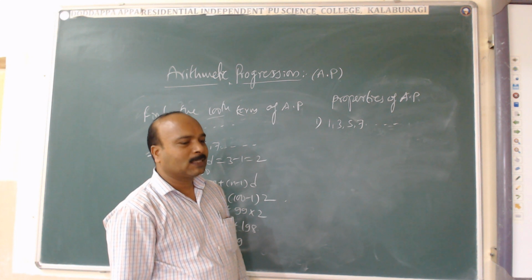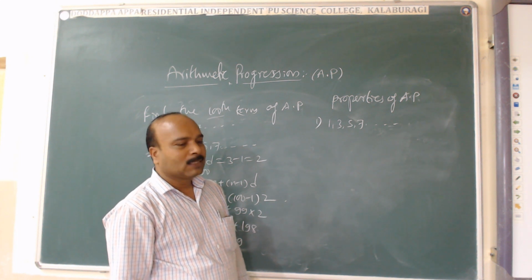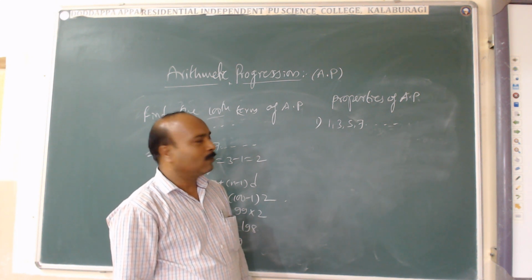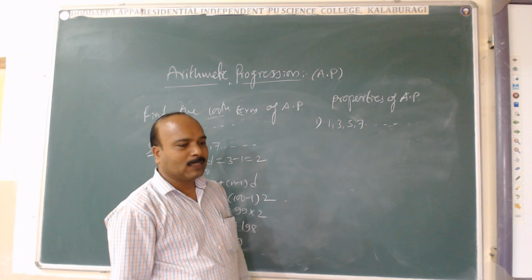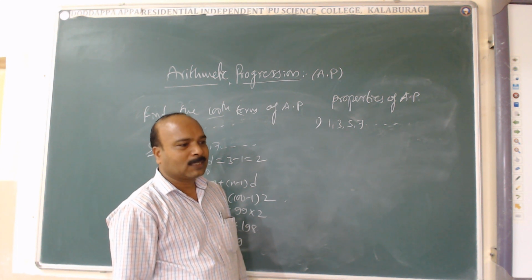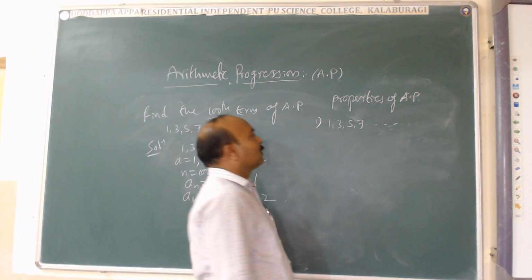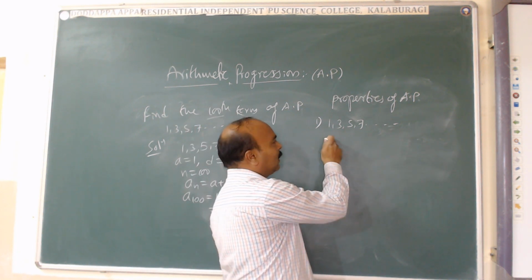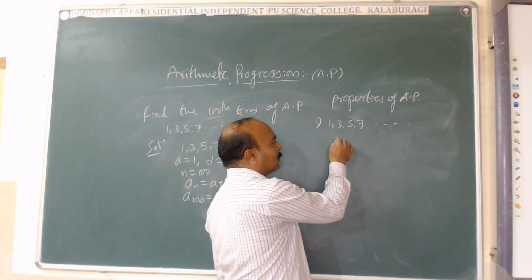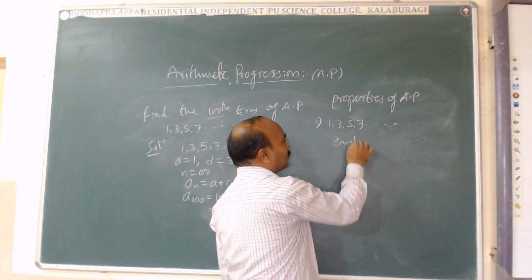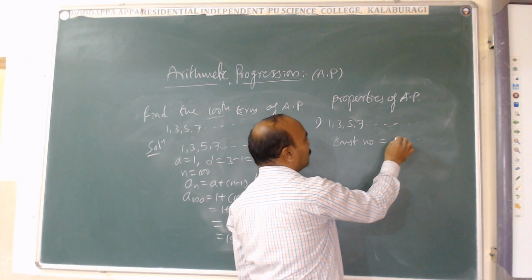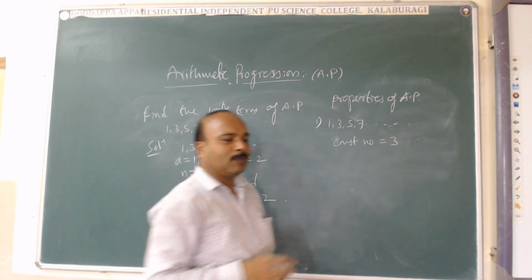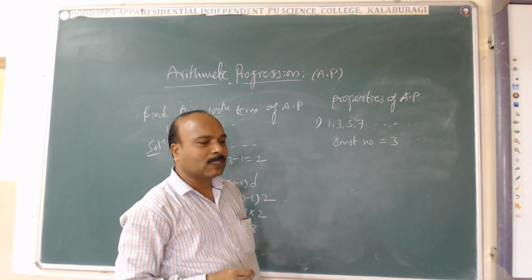The first property states that if we add a constant term to every term of a given AP, then it remains an AP only. Suppose I add a constant number, say 3, to every term of this AP.